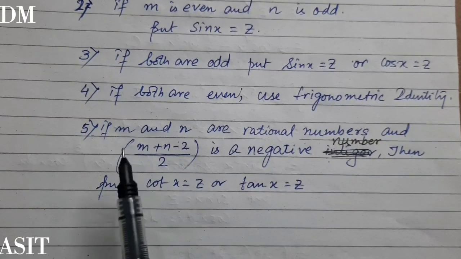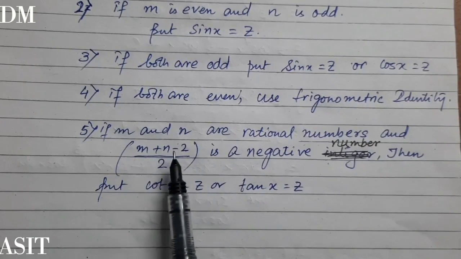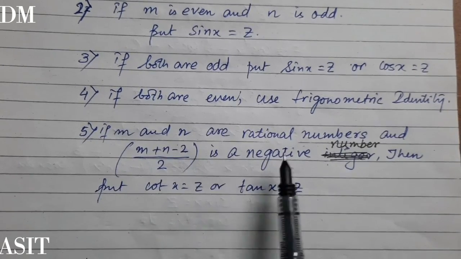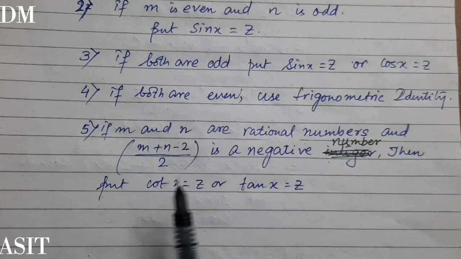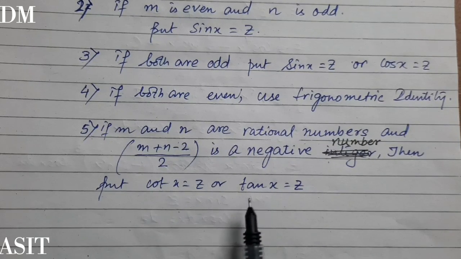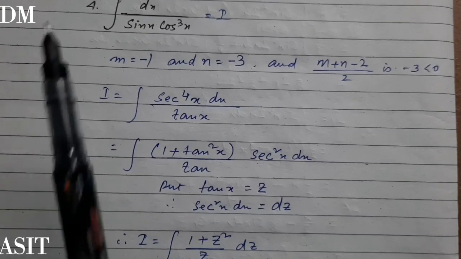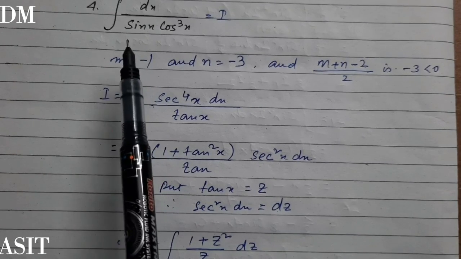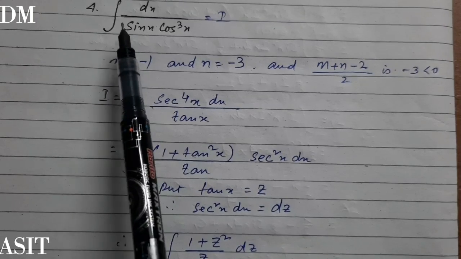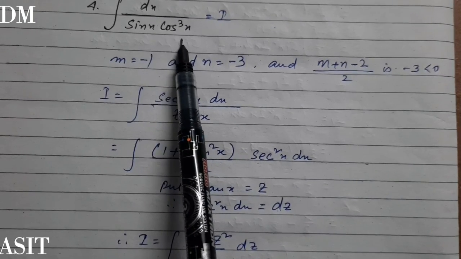Now lastly we can say that if m and n are rational numbers and m plus n minus 2 by 2 is a negative number, then we can put cot x as z or tan x as z, whichever is required. We can see this fourth and final example of today's video, that is integration of dx by sin x into cos cube x.